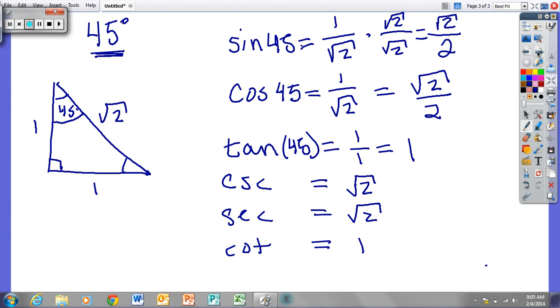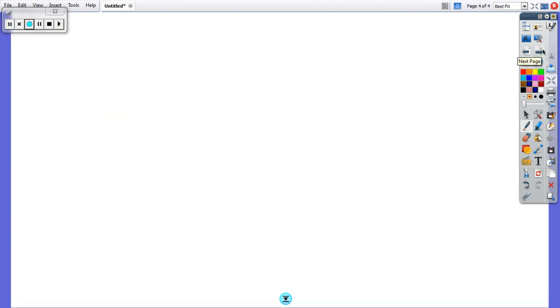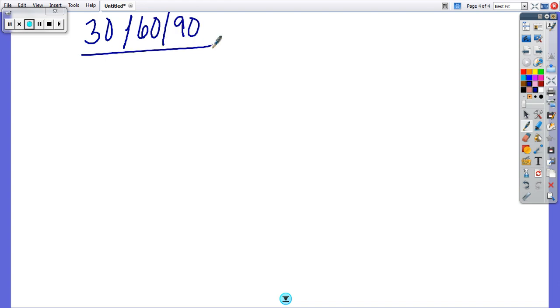Let's move on to the second type of triangle. The other type of right triangle that we talk about a lot is a 30, 60, 90. In a 30, 60, 90 triangle, this is your right angle, so that's your 90 degrees. 30 degrees is up there, and I'm going to put 60 degrees down there.